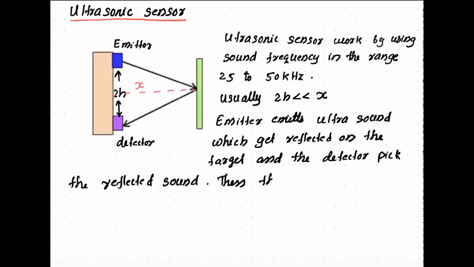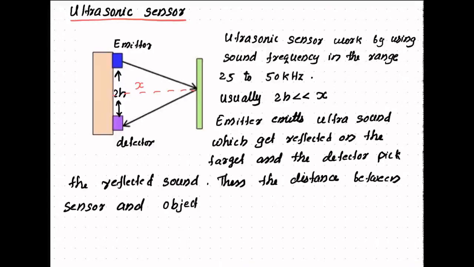The x value we can calculate it as x will be equal to c, the velocity of sound, multiplied by time taken for the complete travel of the sound by 2, because emitter to target distance and target to detector distance is approximately equal.